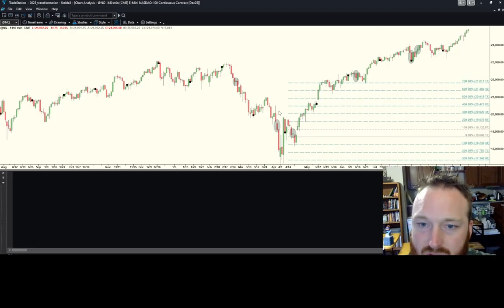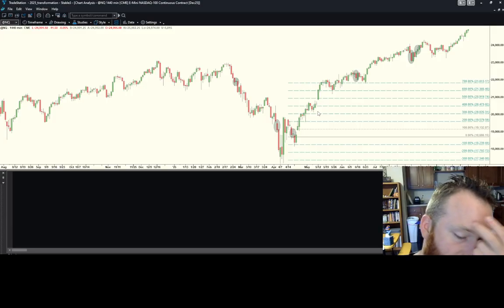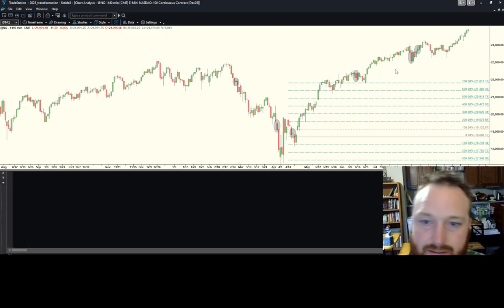But I would probably trail it. I don't know the trailing method I would choose, but I don't think it's super exact. The more you hug price, the lower chance you'll be able to hold on for the big wins. The whole point for trailing your stop is probably to have those big wins.